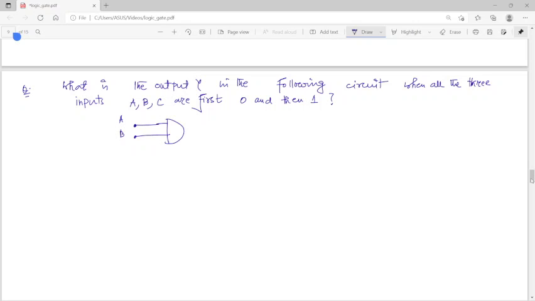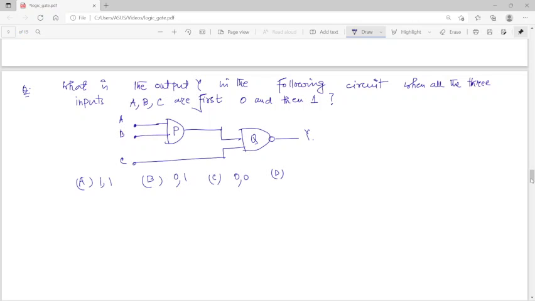So if this is A and this is B, I am taking this as P, this is C, and this is Q, this is output Y. So point A is 1 1, 0 1, 0 0, 1 0.